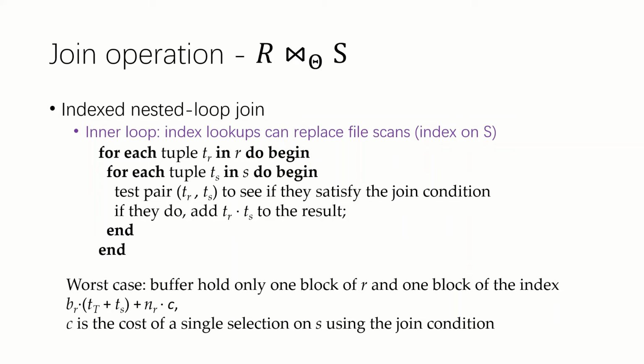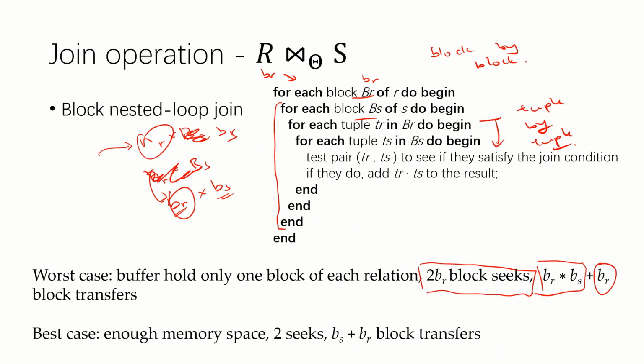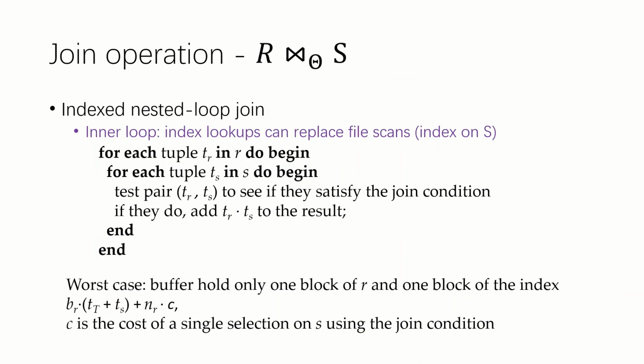So now we have the join operation, but now it is the indexed nested loop join. What is the difference between this versus our block join? Notice that in the block join we use for loops to iterate across the blocks. For the indexed nested loop join, we do an index lookup.